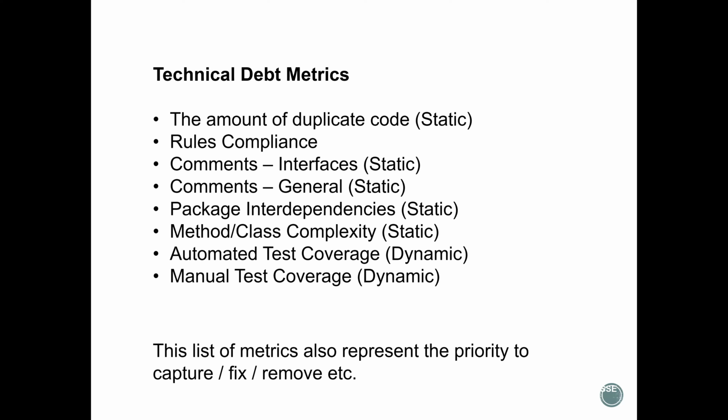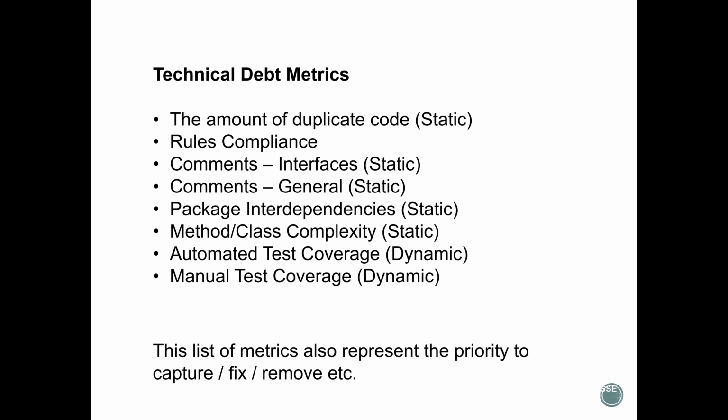And of course, the method and the class complexity is another parameter which comes under technical debt. You need to define the class and the method as simple as it can be done. And of course, if proper automated test coverage or manual test coverage is not followed during or after the development process, then it will also lead to technical debt.